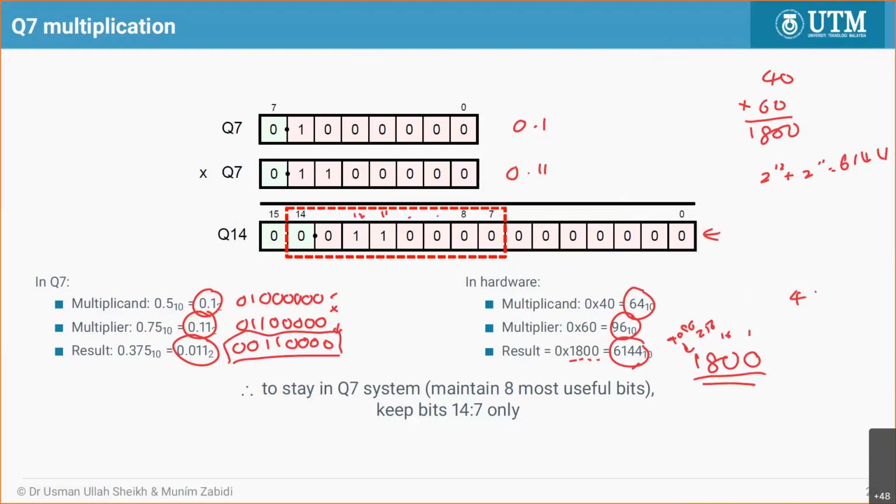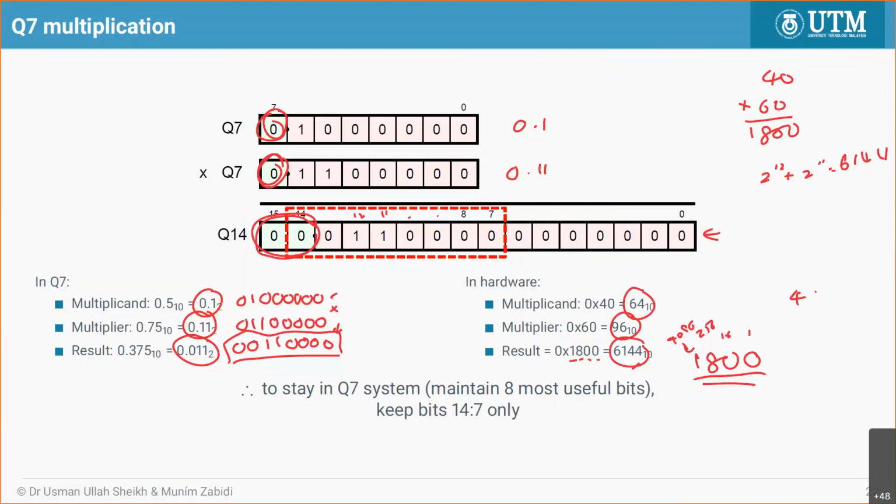To do that, you need to understand that when you do Q7, the sign bit, the green one here, is going to be multiplied by 2, or duplicated. So one bit here, one bit here. When you multiply, the sign bit is going to be 2 here, but you're only going to keep 1.